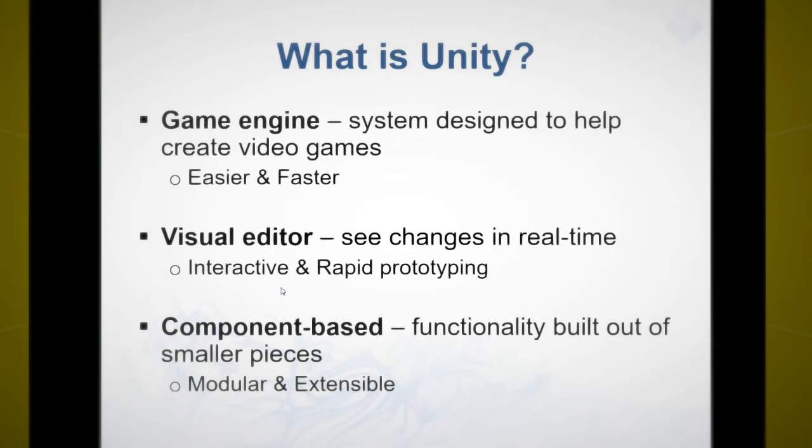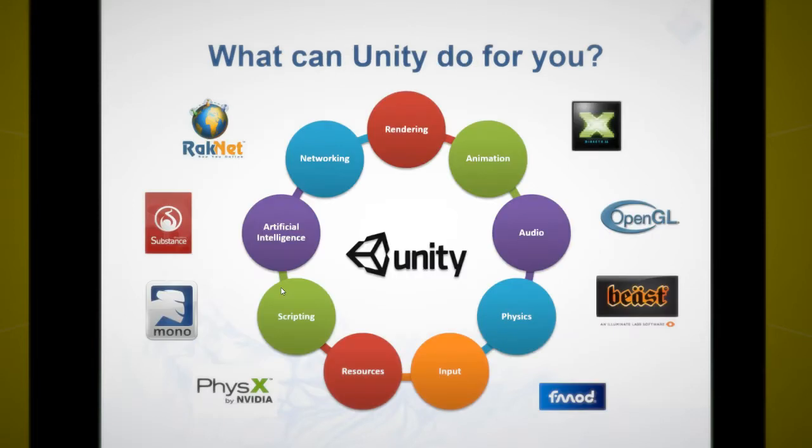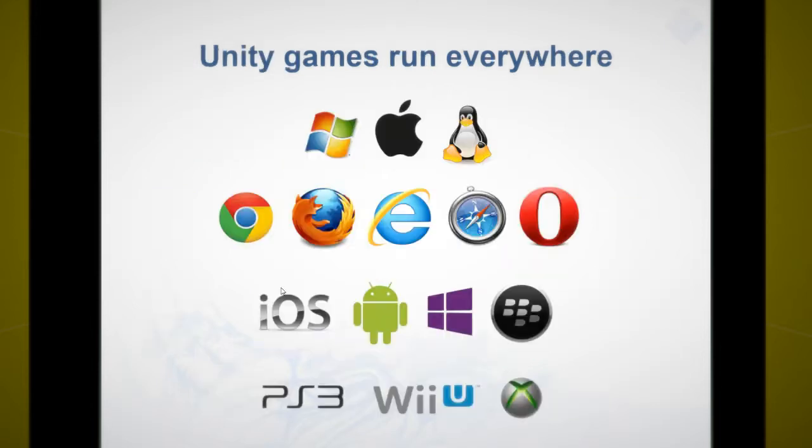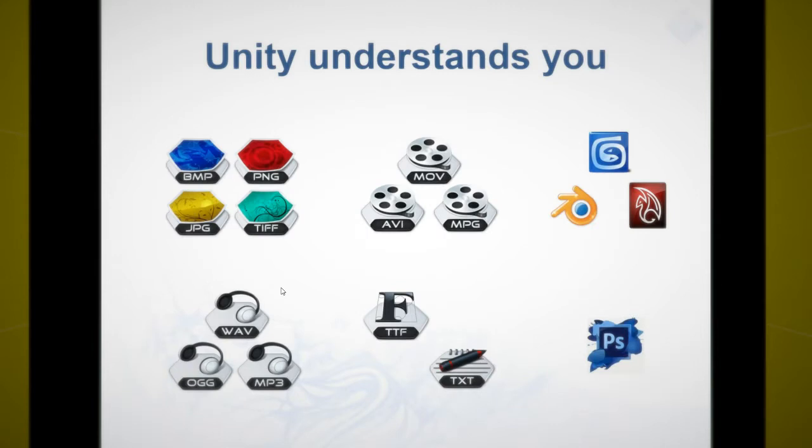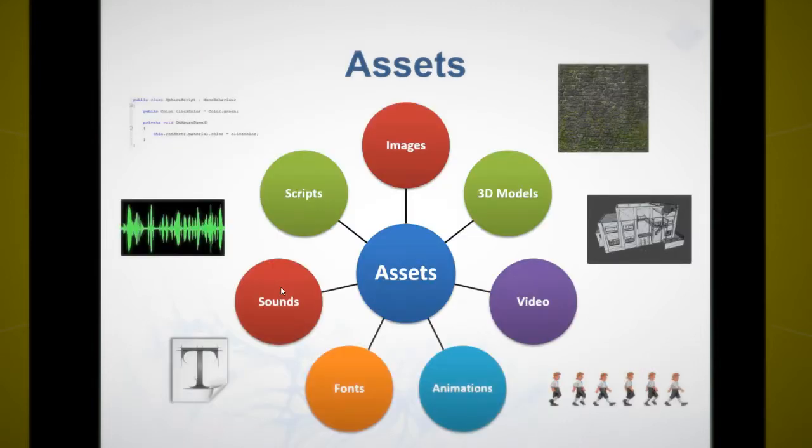I'll go through the introduction, how it's a game engine, you have a visual editor, it's component based, it can do a lot of stuff for you, as you can see, a lot of built-in features that you don't have to code up from scratch. I have multiple platforms, multiple multimedia formats, of course, some of the basics of what are assets.